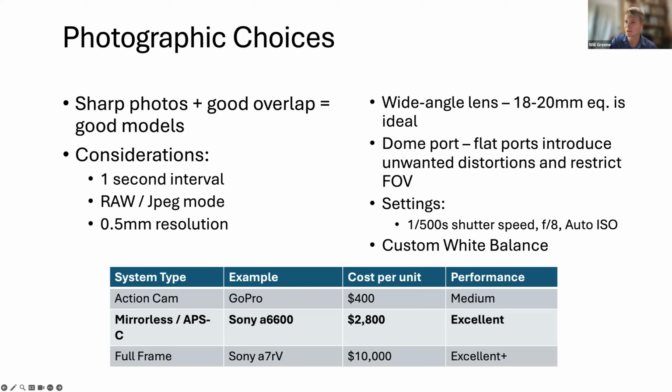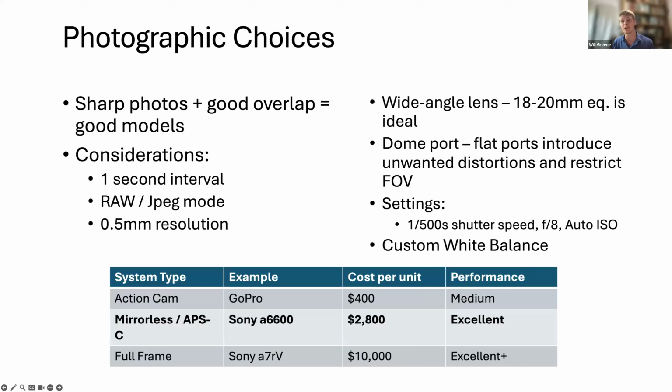What I wanted to illustrate here with this little table is that you can use a GoPro or an action camera for this type of data collection, but your models will not turn out as high quality as you might like. And certainly a mirrorless camera that's middle tier and not super expensive is, in our minds, the best compromise.